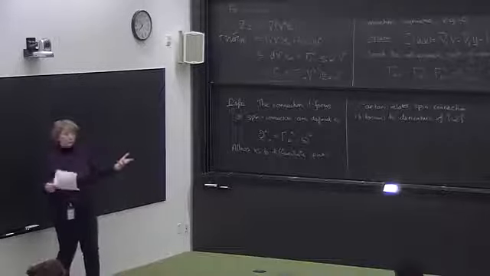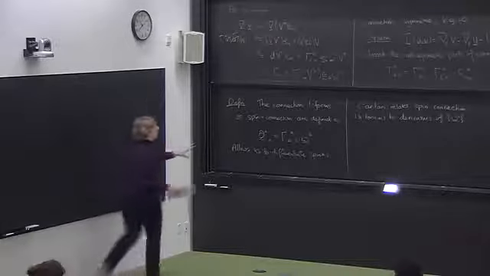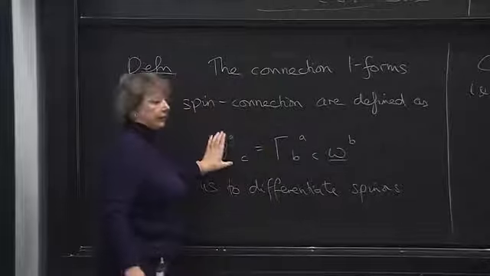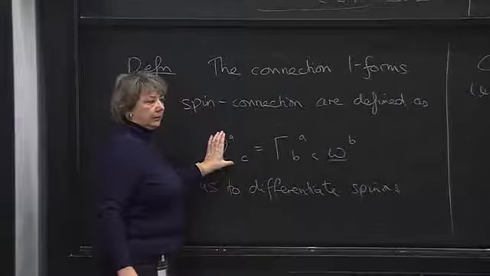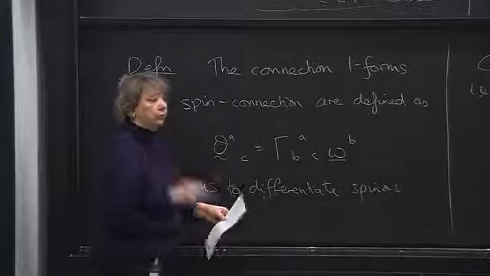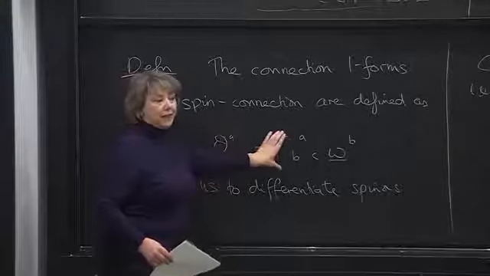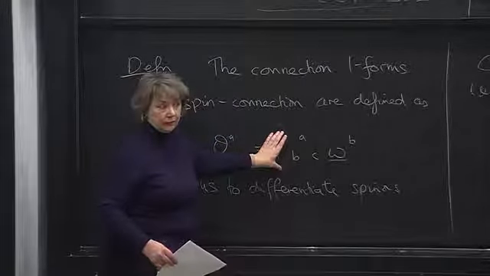It's a one form because of the basis vector. But the matrix theta A C is just a matrix of one forms. It is not components of a tensor. Does that make sense?